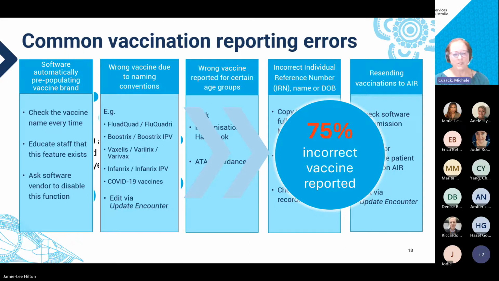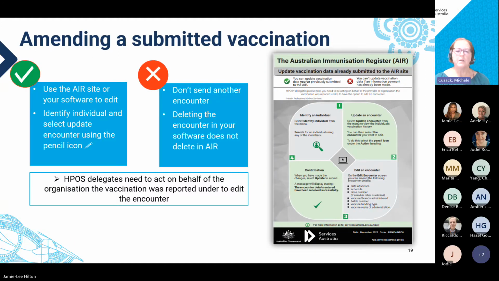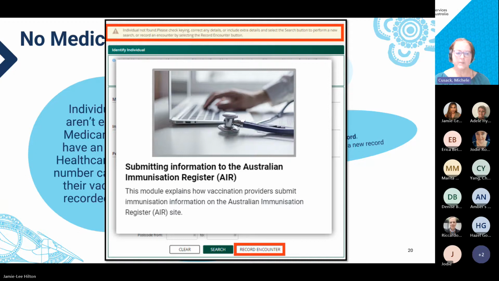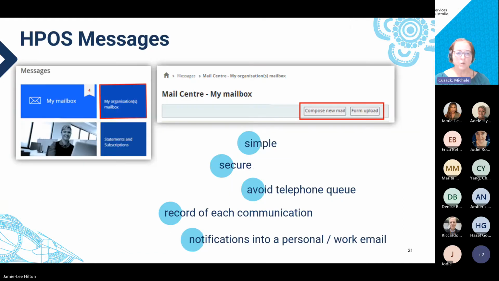The HPOS messages, I only briefly touched on that, but that is something you can use if you need to send us a secure message, because we don't obviously want people's individual details coming through email. We need those to be secure. So if you use HPOS, the message box, and compose new email, it will let you choose the AIR.